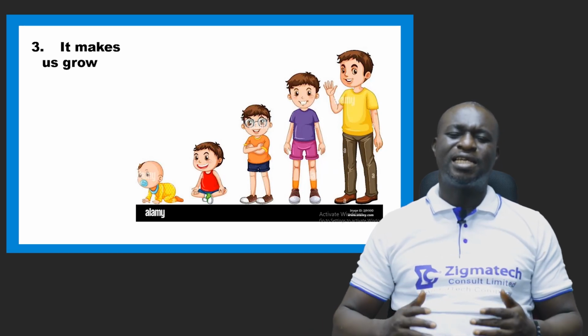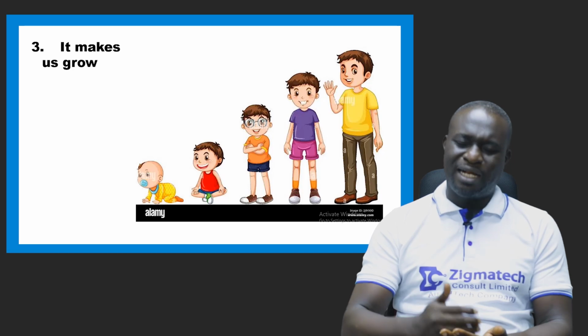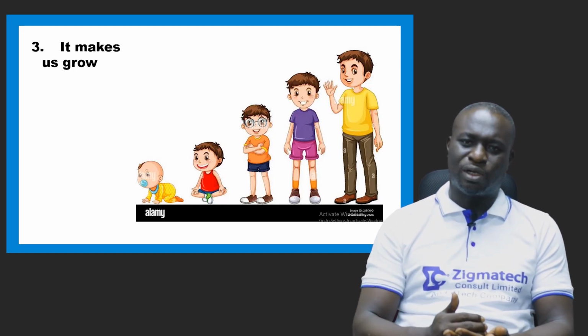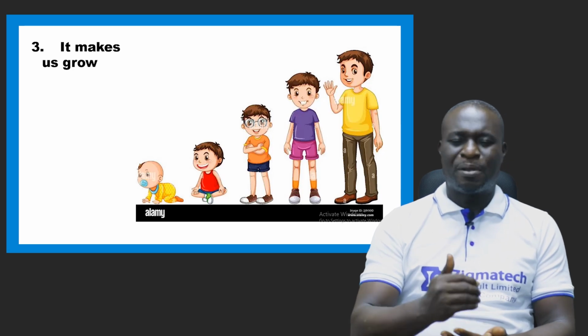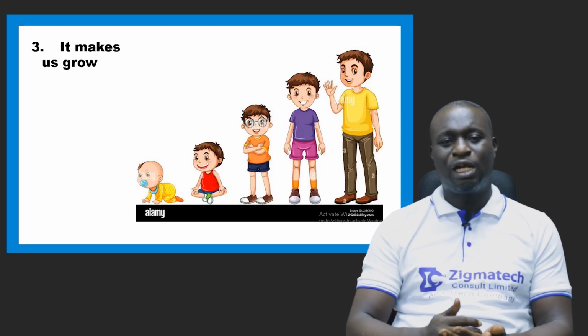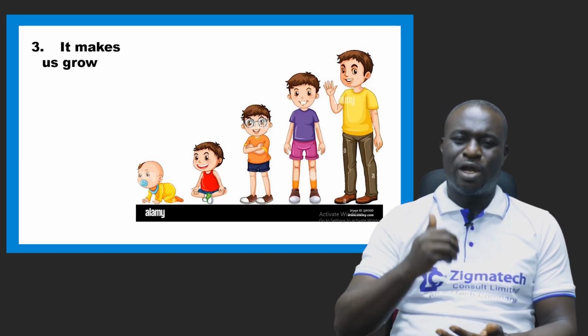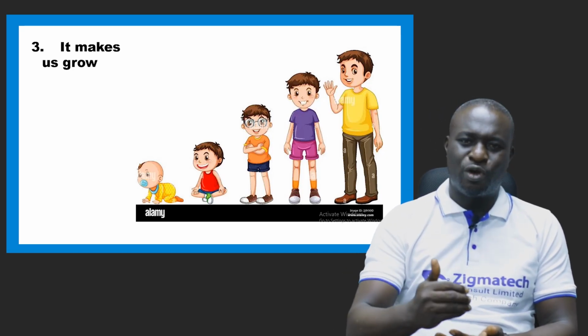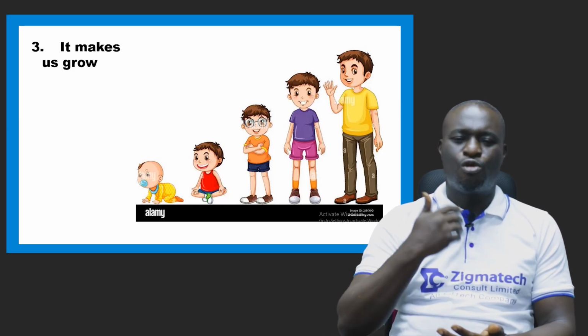Number 3 is it makes us to grow. Healthy growth in an individual is also based on food. One of the classes of food that helps for healthy growth is the proteins. So when a child is malnourished, that child doesn't grow well.